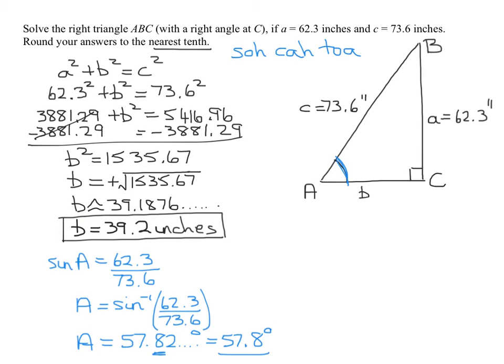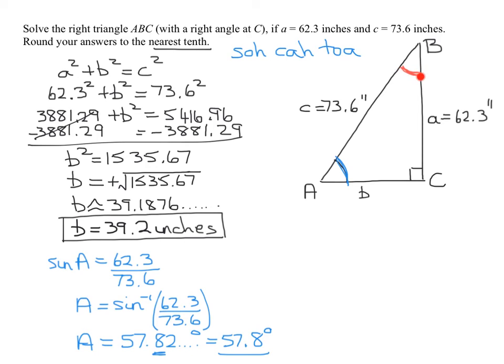And now the last thing we have to do is find angle B up here. Now there's two different ways I can do this. The sum of the angles of the triangle have to add up to 180. But if I messed up getting angle A, angle B would also be wrong. So is there a way to find angle B using given information?